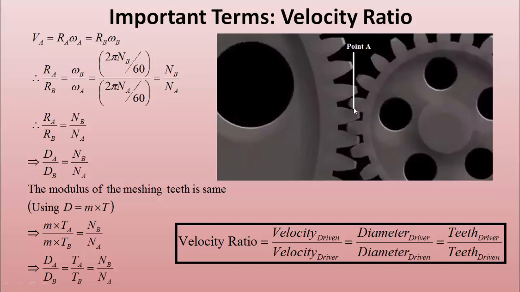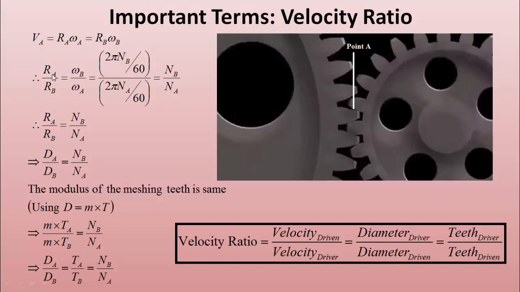We know the velocity of a point on a circle is given by V = R omega. So the velocity of this point A is the radius of gear A into the angular velocity of gear A, and it is equal to the radius of gear B into the angular velocity of gear B.